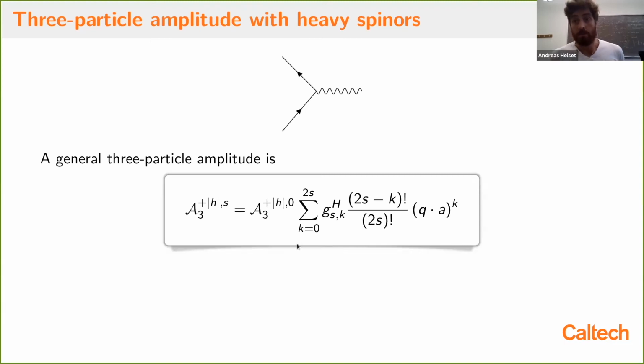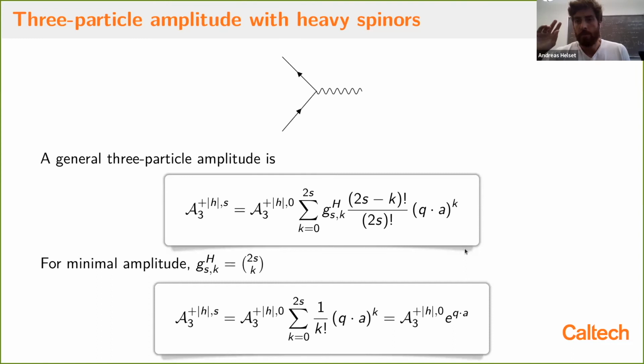This is the most general thing you can write down for the same spin at three points here. And if we want to compare this or match it against these minimal amplitudes by Arkani-Hamed and Huang, that just means that we need to pick these values for the coefficients as here.